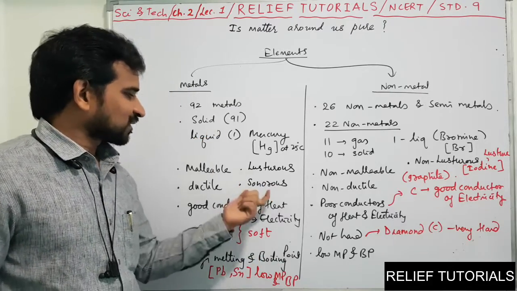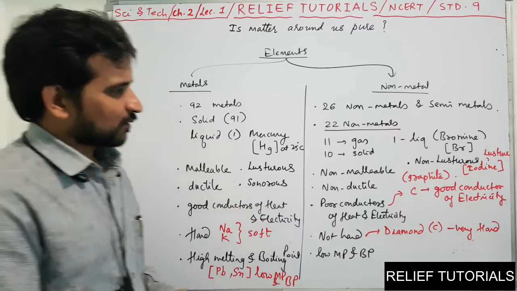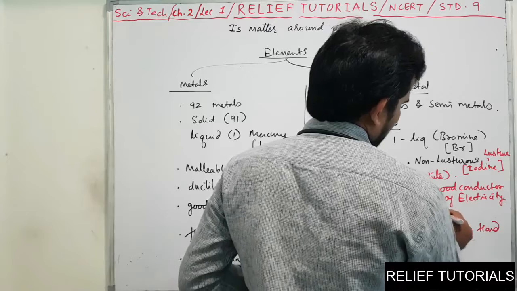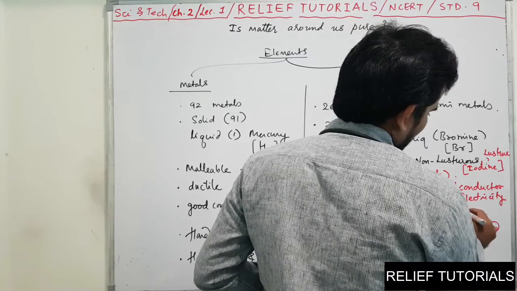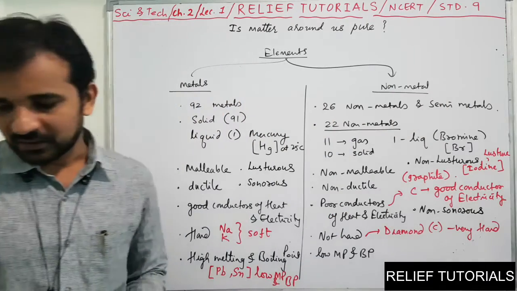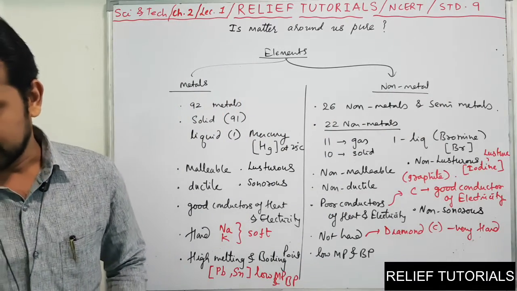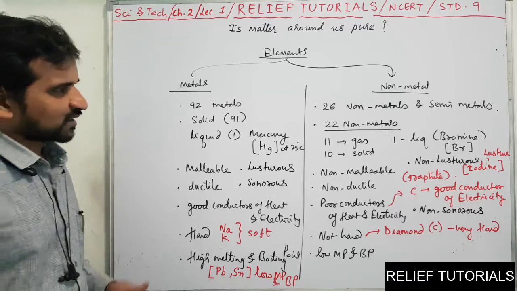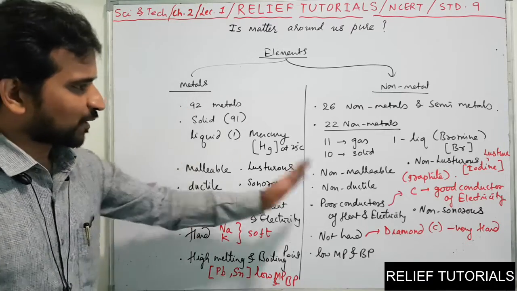But all the non-metals are non-sonorous, meaning they cannot produce any ringing sound when struck with a hard substance. So these are the comparisons between metals and non-metals.